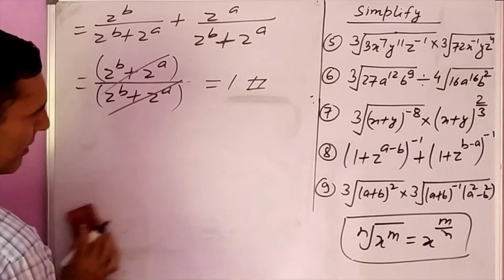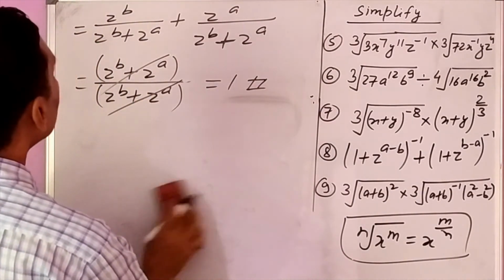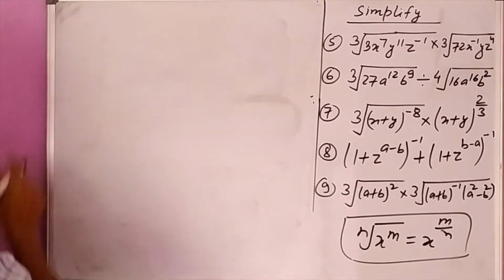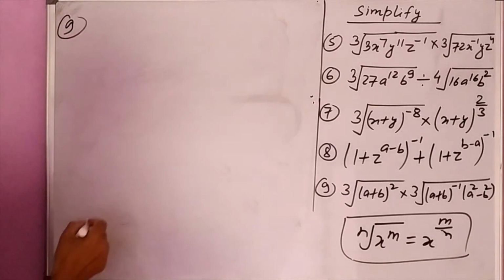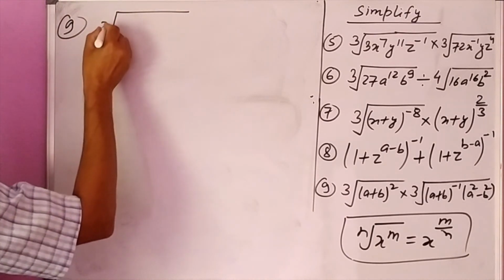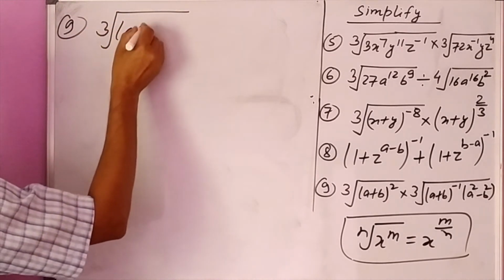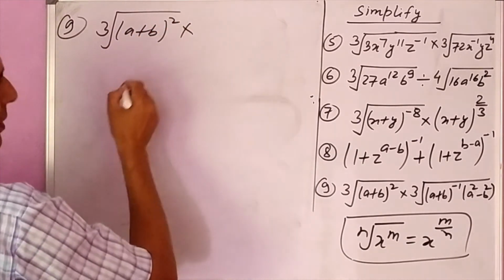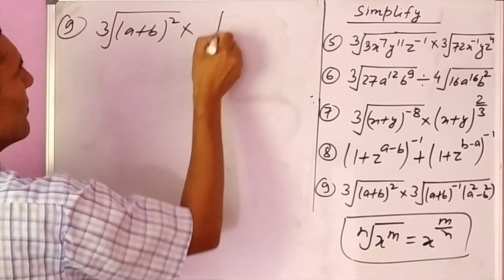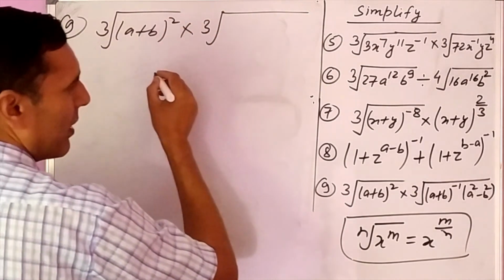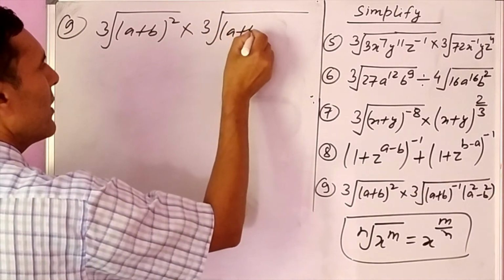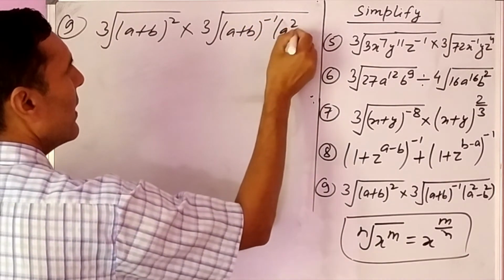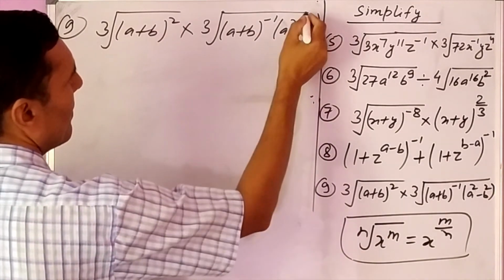Now we have the last question, 9. We have cube root of a plus b whole square into cube root of a plus b minus 1 into a square minus b square.